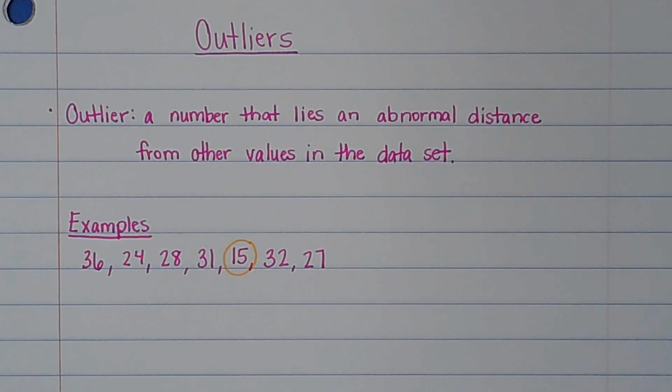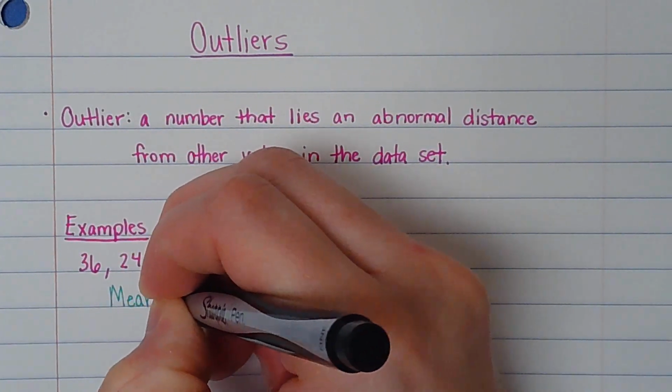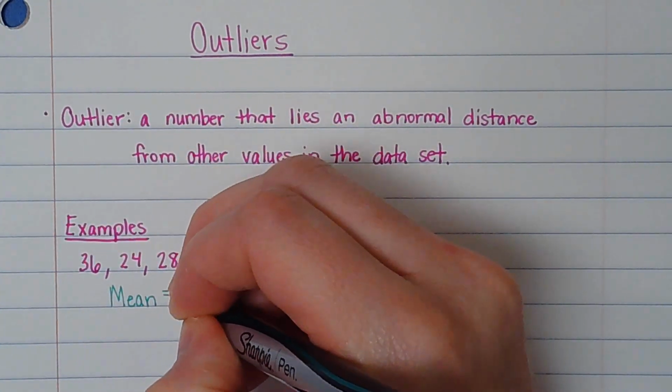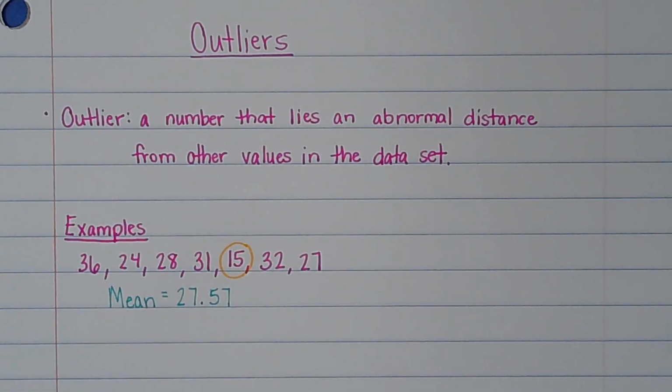But just to show you, if we find the mean of this, and I've already done it to save us some time, if you find the mean of this list of numbers, your mean comes out to be 27.57. Okay?